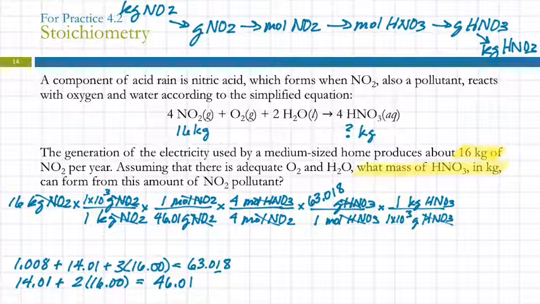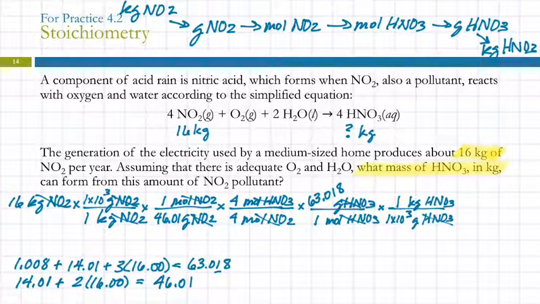So I've got 16 times 1 EE3, and then I'm going to divide by 46.01, multiply by 4, divide by 4, times 63.018, and then divide by 1 EE3.